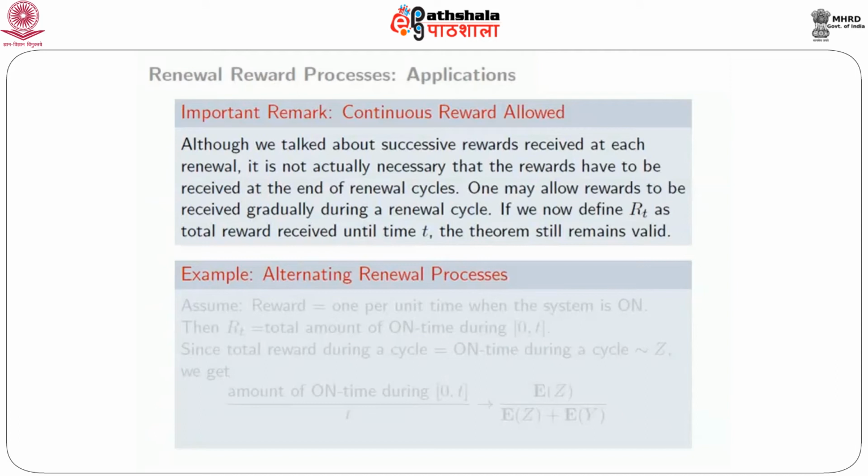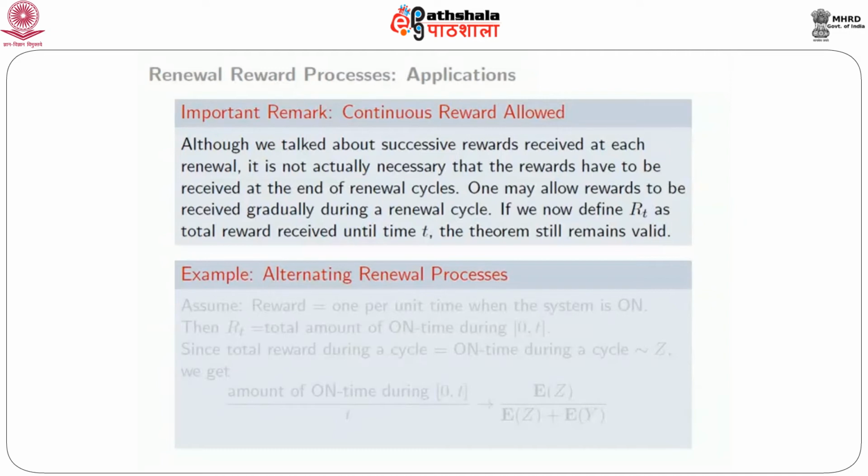One may allow the rewards to be received gradually during a cycle. If we now define R_t as the total reward received until time t, then the theorem still remains valid. There could be rewards coming from the cycles that ended at time S_{N_t}, but then there could be rewards until time t also after that.